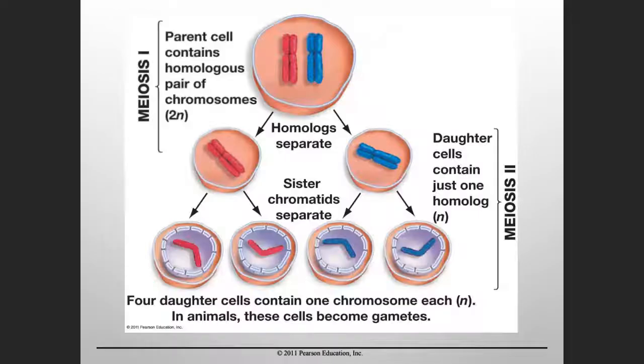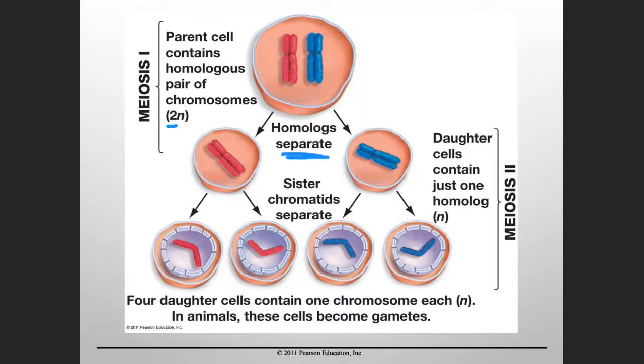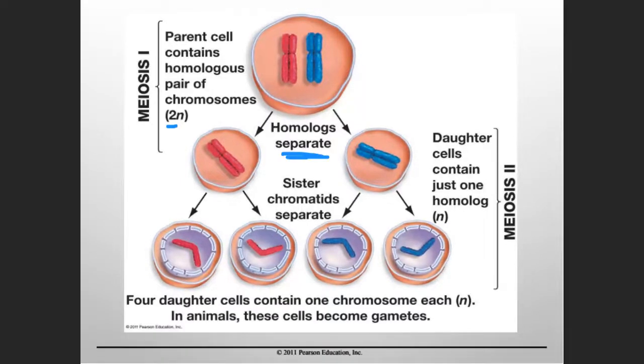Okay? So let's walk through it. Here's that bullet ant, I guess we want to call it. You've replicated it. You've got the homologous pairs here. You go through meiosis 1. So right now, this is 2N. After meiosis 1, you separate the homologs. So now you've got one cell here and one cell here, and these have gone from 2N to 1N because the daughter cells contain just one of the homologous pairs.